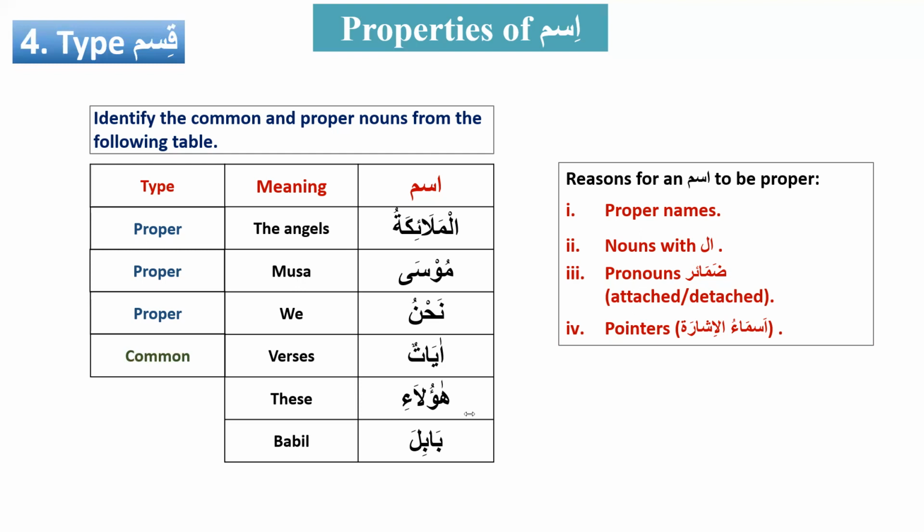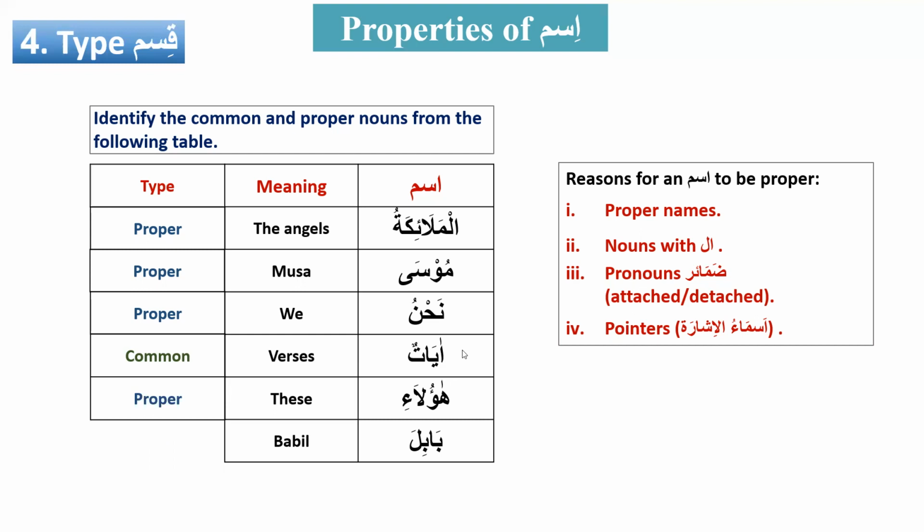Arham, do you agree with common noun? Abdullah is saying haulai is a common noun. Do you agree with him? No, I do not. Why? Because as you said before, haulai, dhalika, and tilka, words like these are proper nouns. They're pointing nouns, right? So they are pointing proper nouns. So Abdullah, this is proper, not common. Okay. Yeah.